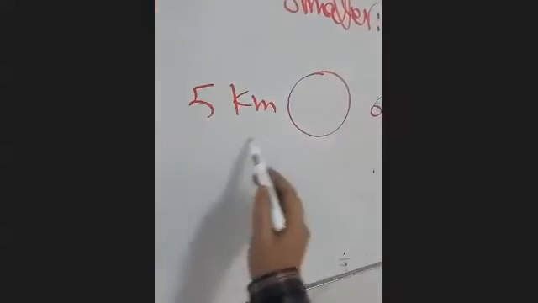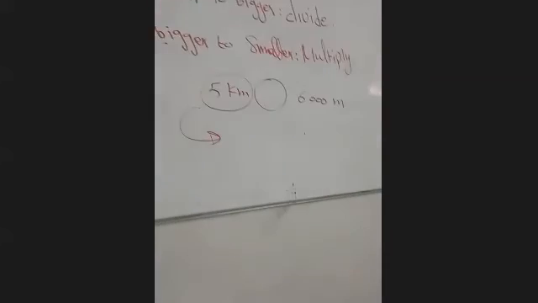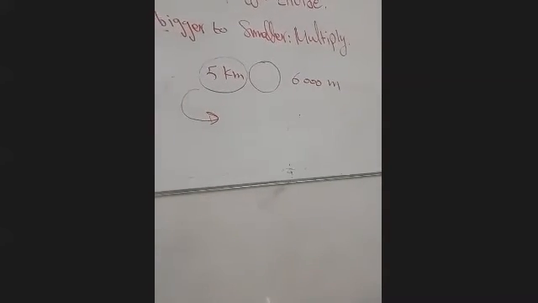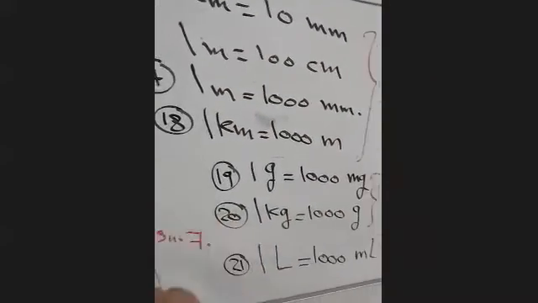How do we turn kilometer to meter? We multiply 5, I remember it is 100. No, it's not 100. It is 1,000. From kilometer to meter, it's formula number 18.